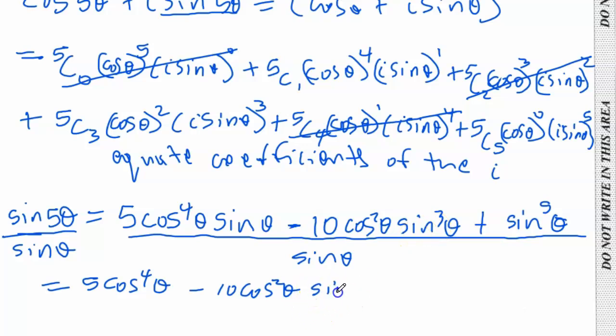So we're dividing every term by sine theta. And then divide sine to the 5th power by sine to the 4th power theta.